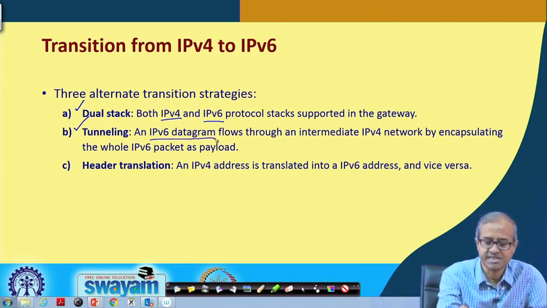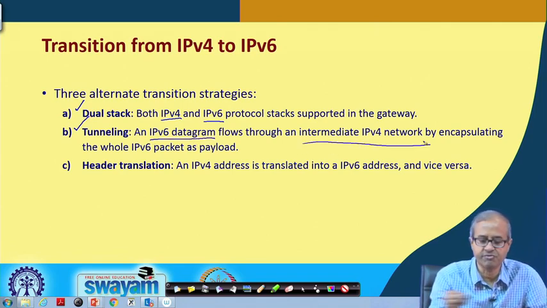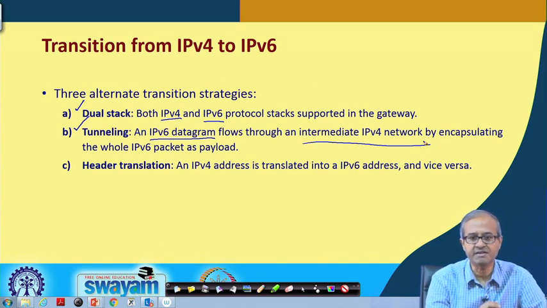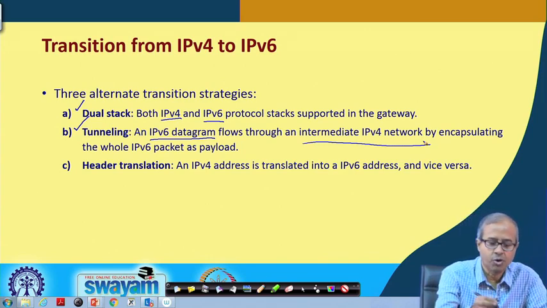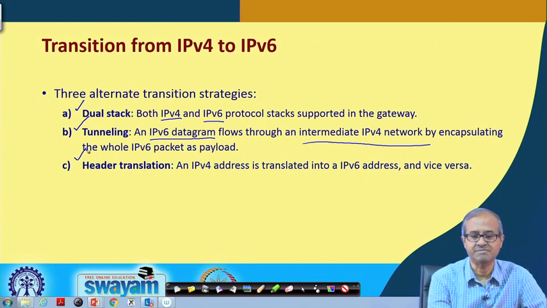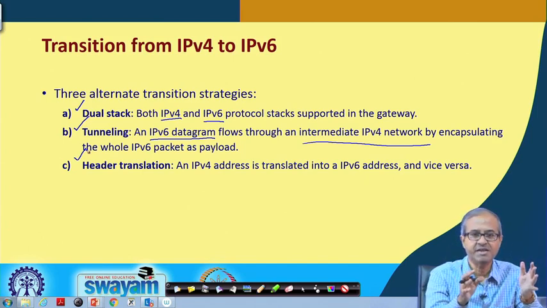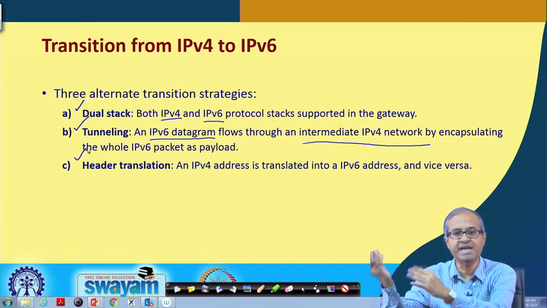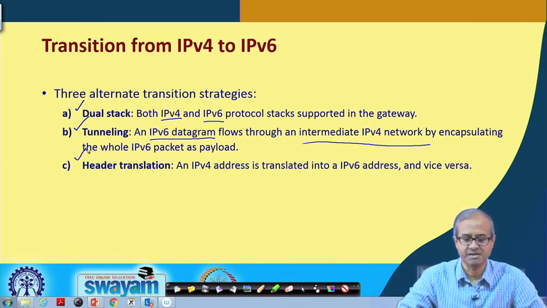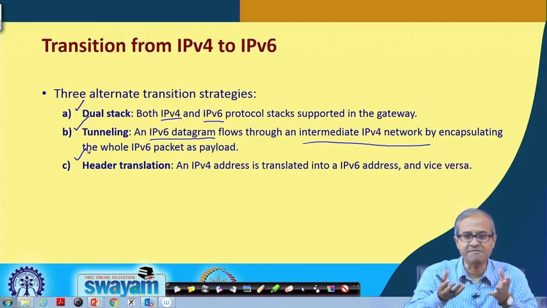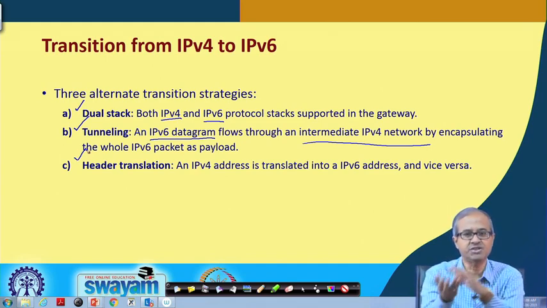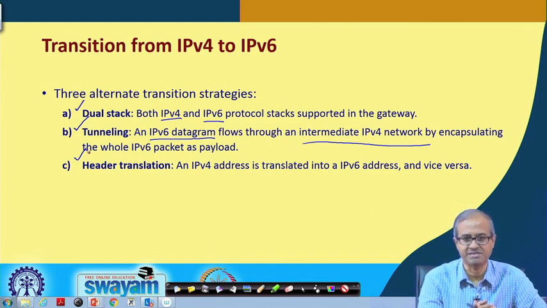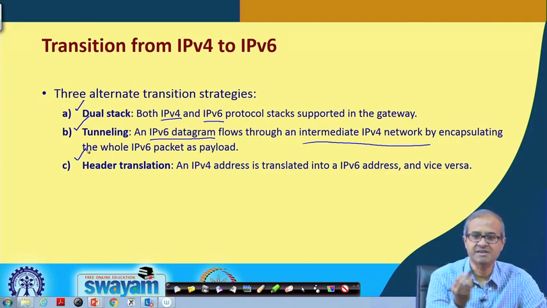So, IPv6 datagrams can flow through intermediate IPv4 networks using tunneling, using encapsulation. Or you can do header translation. An IPv6 packet you can translate into an IPv4 packet, and on the other side you can translate it back to an IPv6 packet. But the problem is that many of the features IPv6 supports which were not there in IPv4 will get lost once you translate it into an IPv4 packet. Okay. So, this has very limited use.